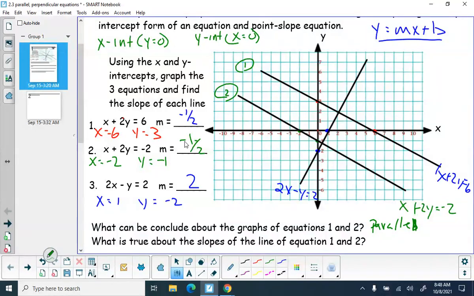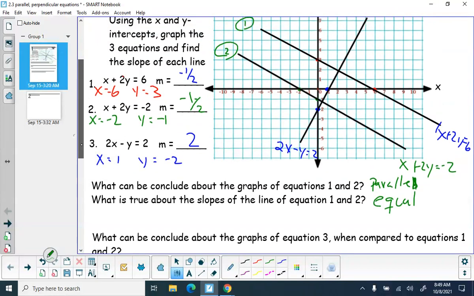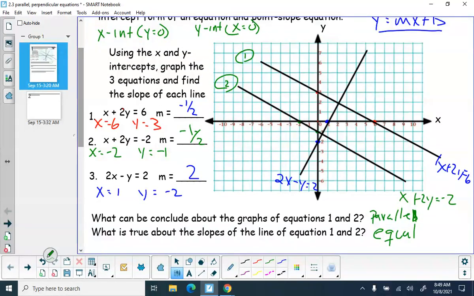If we take a look at the slopes, what do we say about the slopes then? They're the same slopes, they're equal slopes. So if we have parallel lines, they will have equal slopes. Well, what can we conclude about graph number 3 when comparing it to graphs 1 and 2? Isaac, what can we say is true about them? What does it look like?